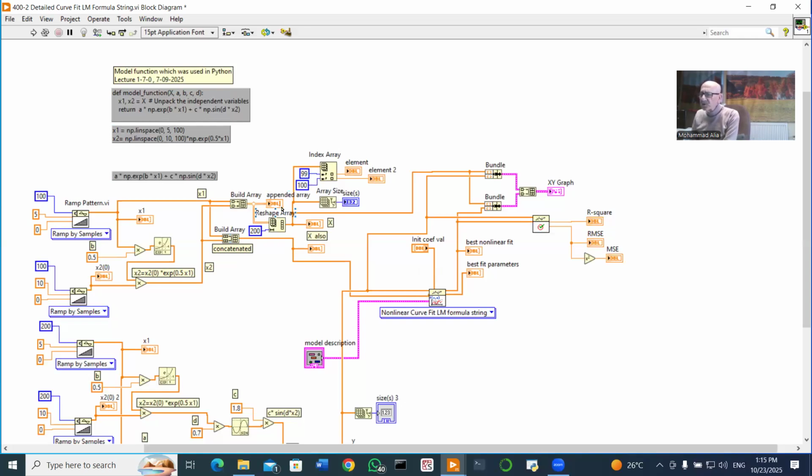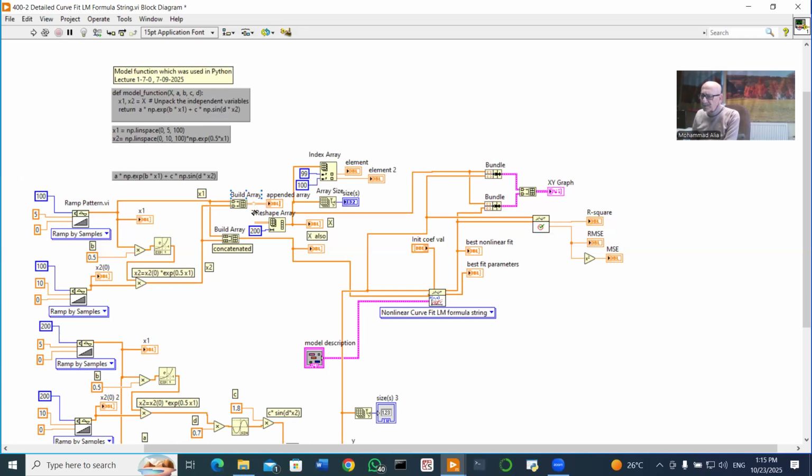Here I have shown you also that we can create an array of both arrays, x1 and x2. Both are input to a build array, and as output we get a two-dimensional array.